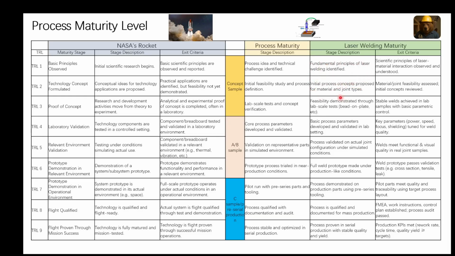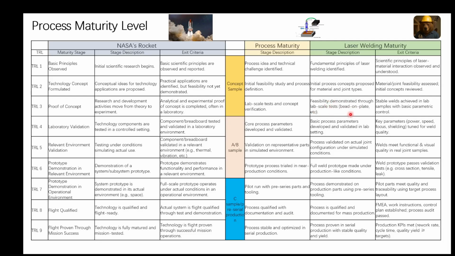Then the initial process concept is proposed for material and joint types. This means you need to know what kind of joining you need, what kind of shape or structure you need, and whether it is weldable. Are the materials you chose feasible to weld?